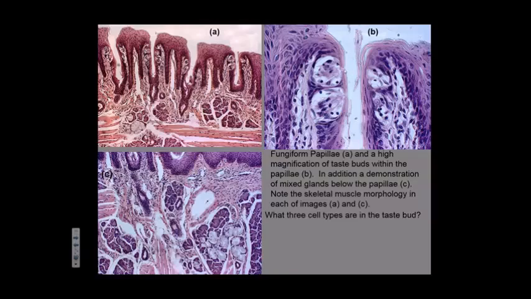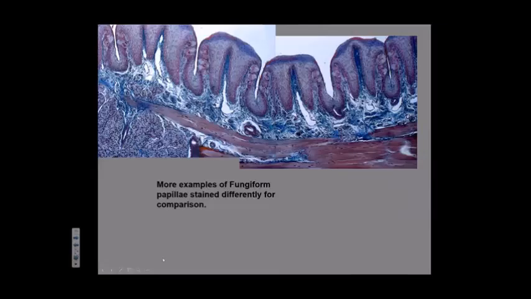Here it is under higher power. You could say a pore, a taste bud pore. And here are some von Ebner's glands, and they're mixed glands. There's mucus secretors and serous secretors. And like I said, this is a duct going in between the 2 papillae. And these over here are skeletal muscle. I don't know why I do that.